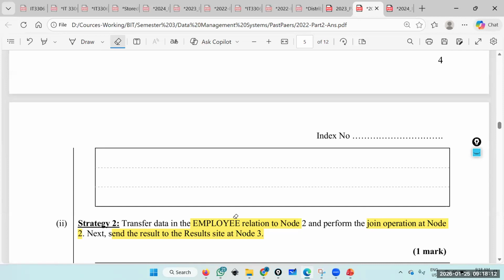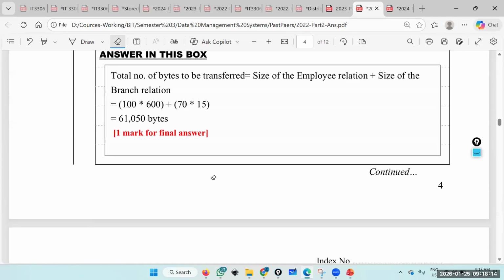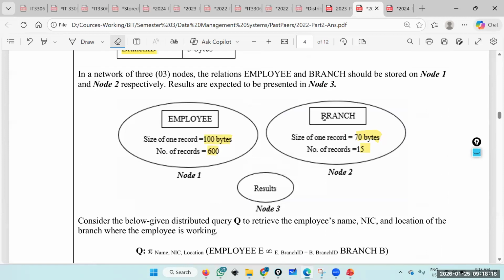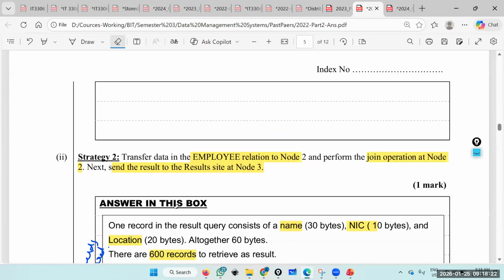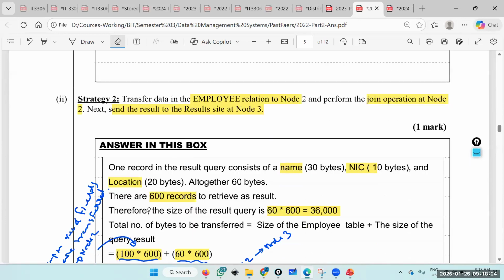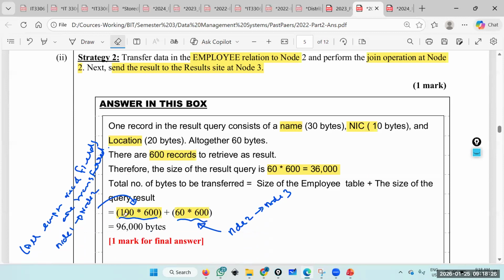So that means your employee relation details must be transferred here. Therefore, the first part is 100 into 600, that is 60,000.